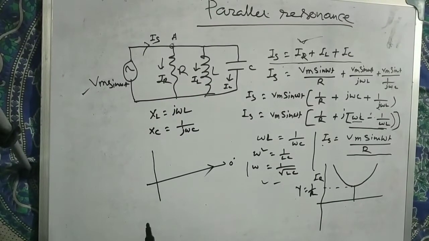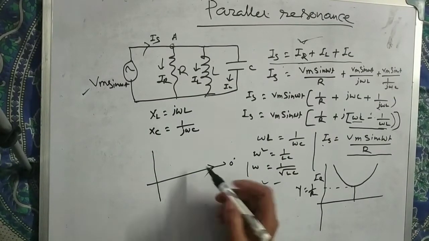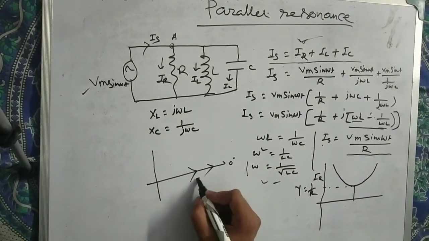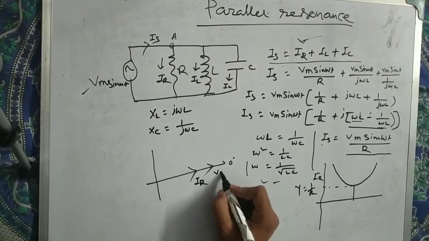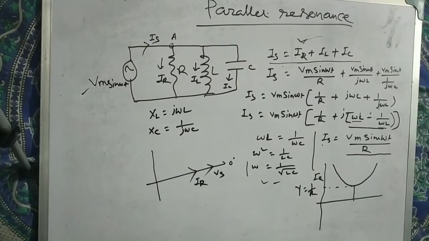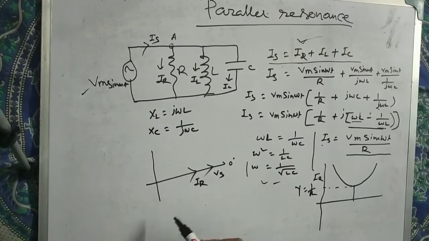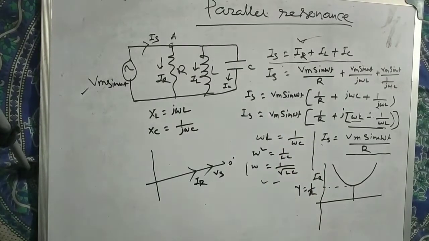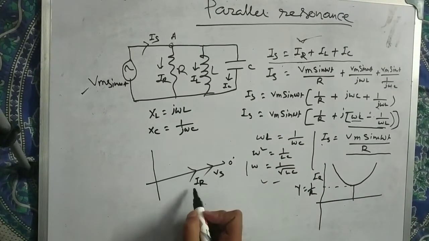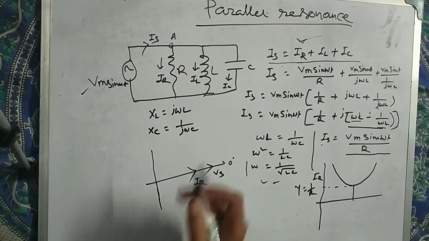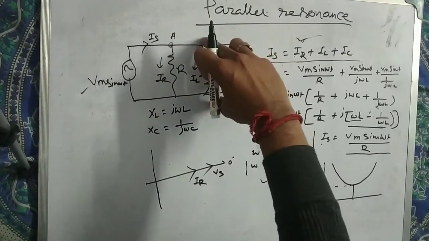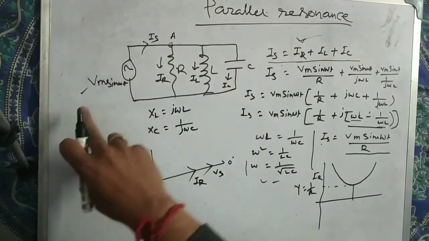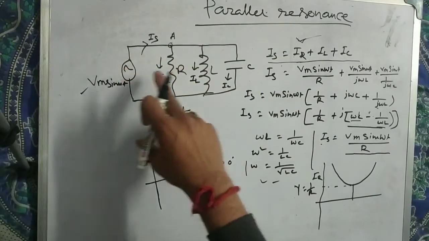We all have studied the resistance has a unity power factor, so resistance current will always be in phase with the source voltage. Now the inductor current, we all know, lags the voltage. The voltage across inductor, capacitor and resistance are the same as the source voltage because all are in parallel.